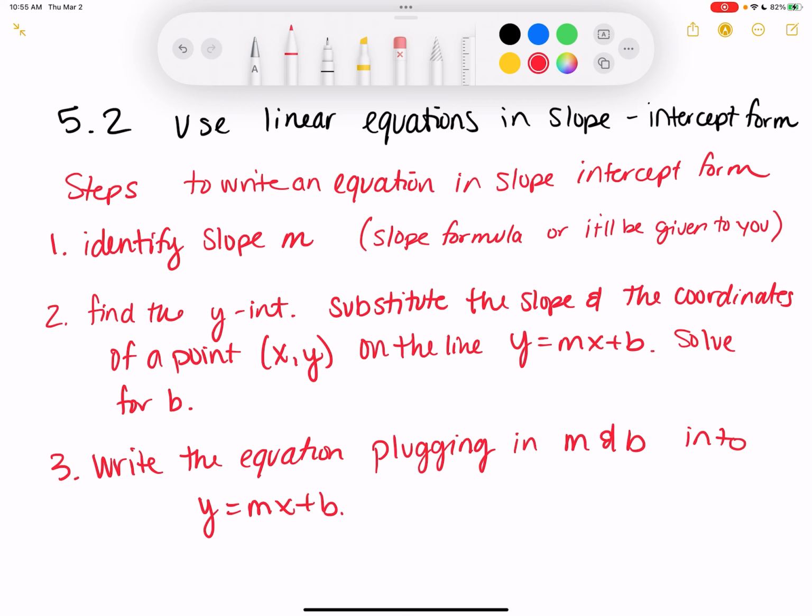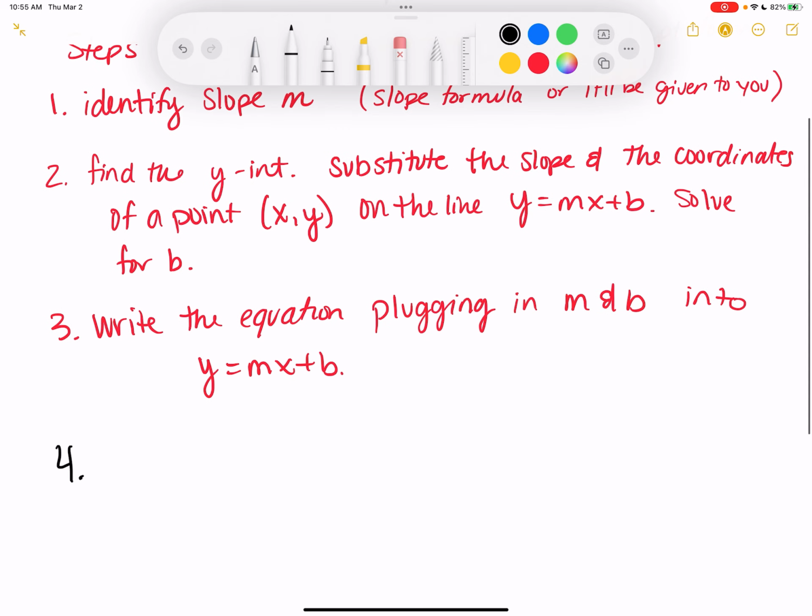So, if we had something like number 4, that is the point 5, 1, and the slope is 2. Then what we're going to do, the slope is already identified. It's already given to us.